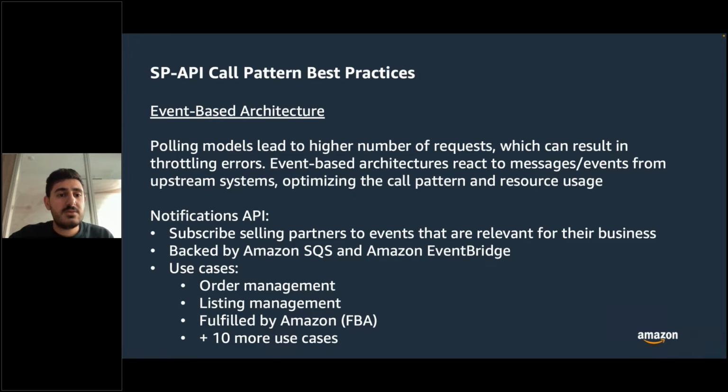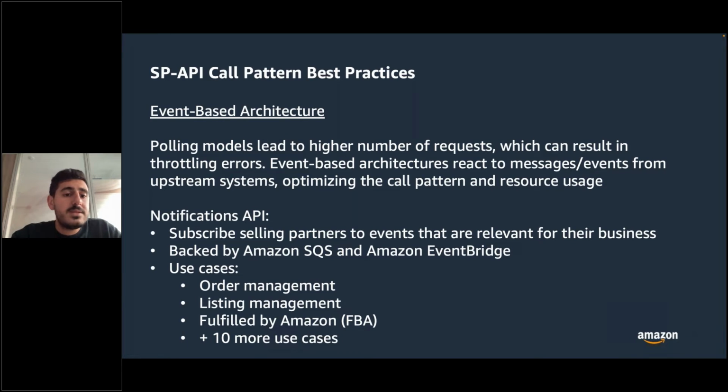And we're lucky enough that we have a notifications API on our end that lets you subscribe to notifications that are relevant to a selling partner's business or a specific use case. You can create a destination and receive notifications and subscribe to notifications.